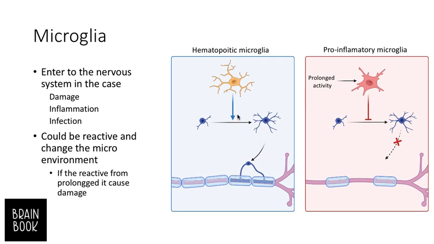But if their activity is prolonged for a long time, their activity could change and they will result in damage to our nervous system. For example, this is a reactive form of the microglia, and its prolonged activity causes them to inhibit the maturation of the oligodendrocytes.